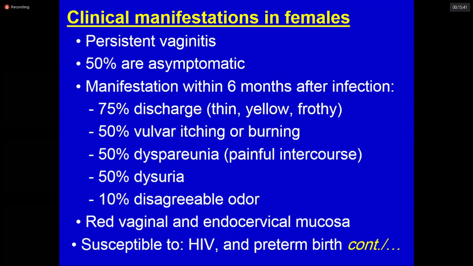50% have dysuria, painful urination. And we have spoken about dysuria in the first lecture. 10% have disagreeable odor. When you examine the patient, you find red vaginal and endocervical mucosa because of the inflammation.